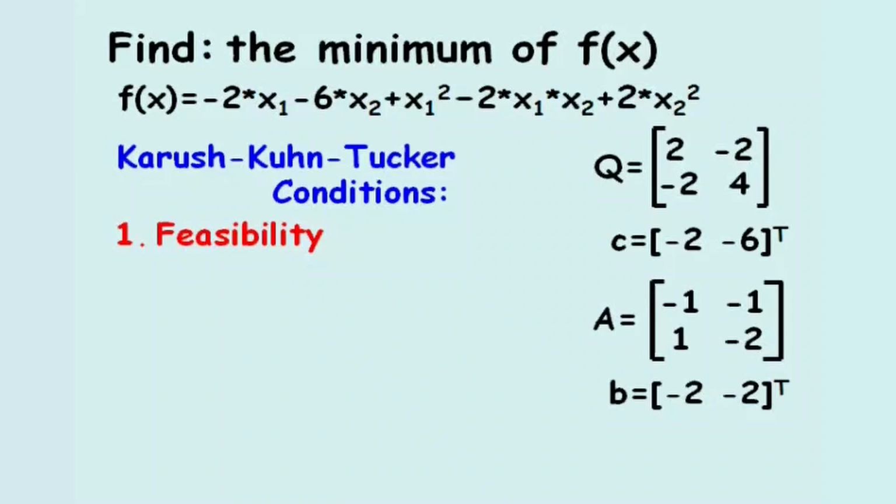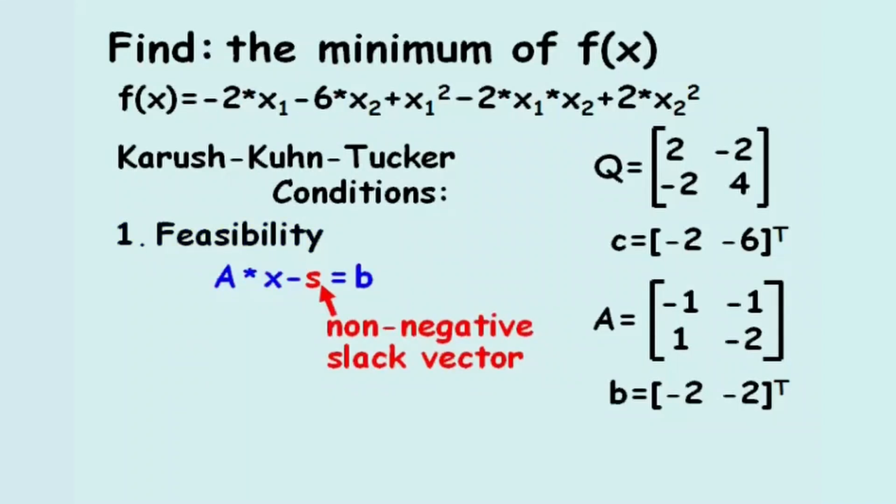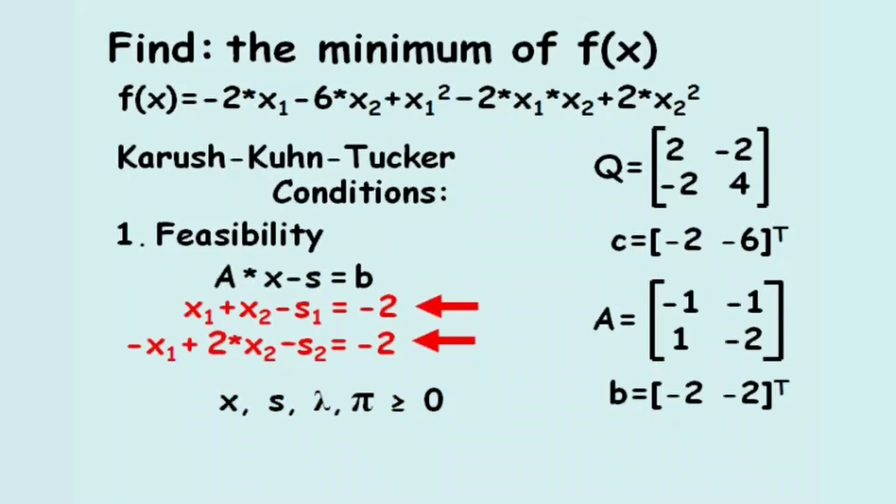Feasibility simply states the optimal feasible solution must be a feasible solution, where s represents a non-negative slack vector. For feasibility to hold, all vectors x, s, lambda, and pi must all be non-negative. And finally, we'll write out these feasibility equations.